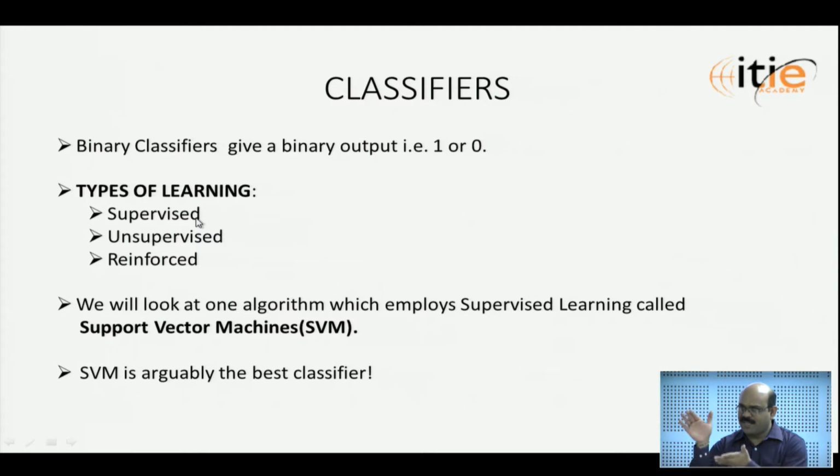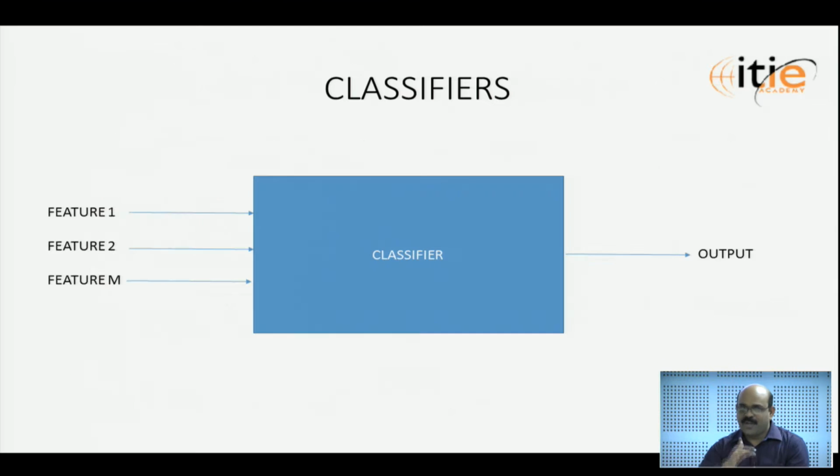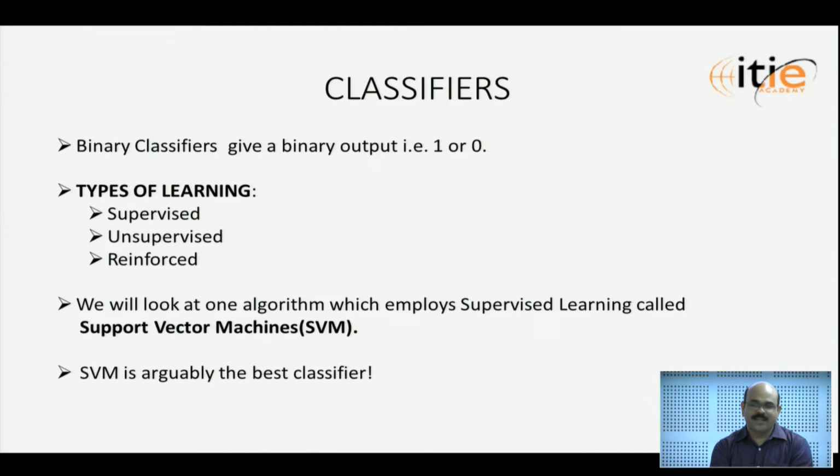The types of classifiers which we tried out fall under these three: supervised, unsupervised, and reinforced. We tried out SVM, support vector machines, as one of the classifiers, and from our literature survey so far, SVM has given us better results, because as researchers these are the few questions that we always have to begin with.